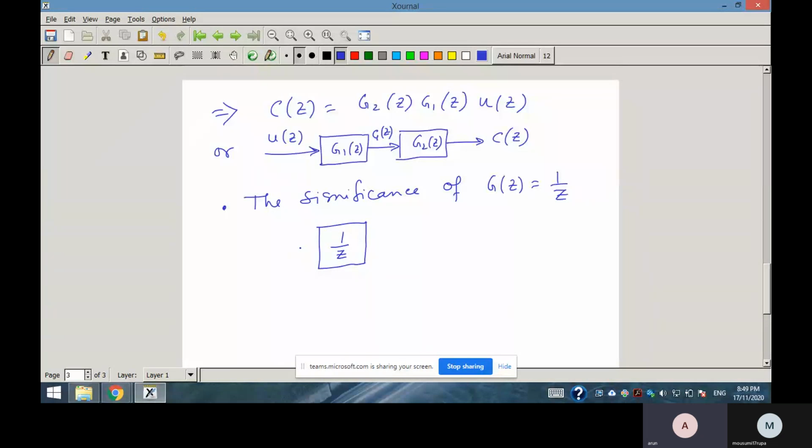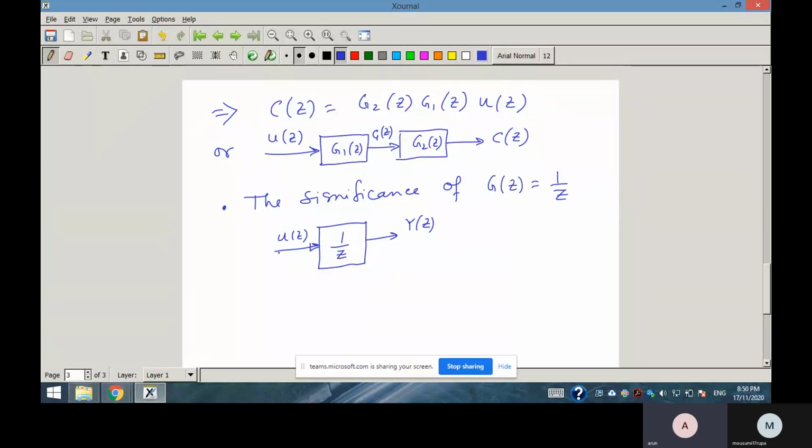So what is the meaning of the 1 by Z unit? Suppose this is your UZ and this is your YZ. Now YZ equal to 1 by Z into UZ. So if you give a signal here, what will be the property of the discrete time signal?